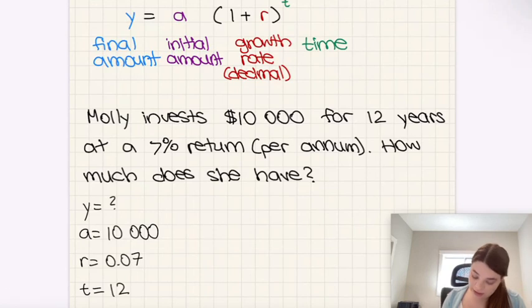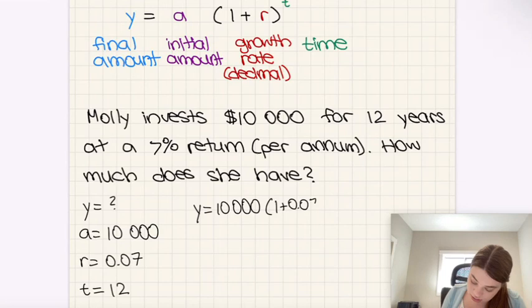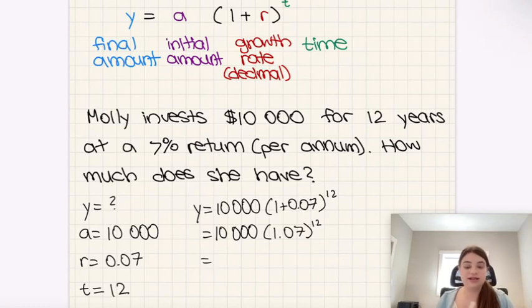Okay, so then we're going to have y is equal to 10,000 times 1 plus r to the power of 12. So y is equal to 10,000 times 1.07 to the power of 12, which, let's see what that's equal to.